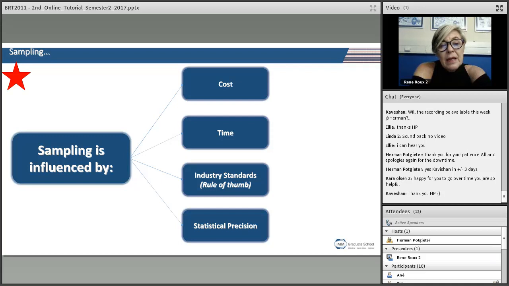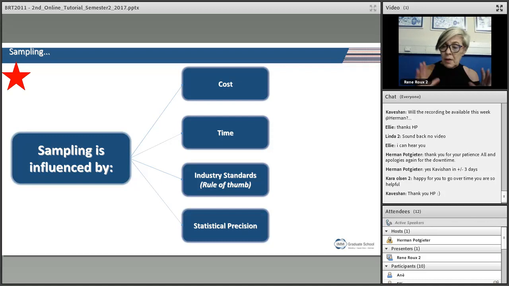The industry standard, for instance, is you will never do a quantitative survey with less than 100 people. That is it. If you do advertising research, you usually include between 200 and 300 people in your survey, and that's your sample size. Those are sort of industry standards.